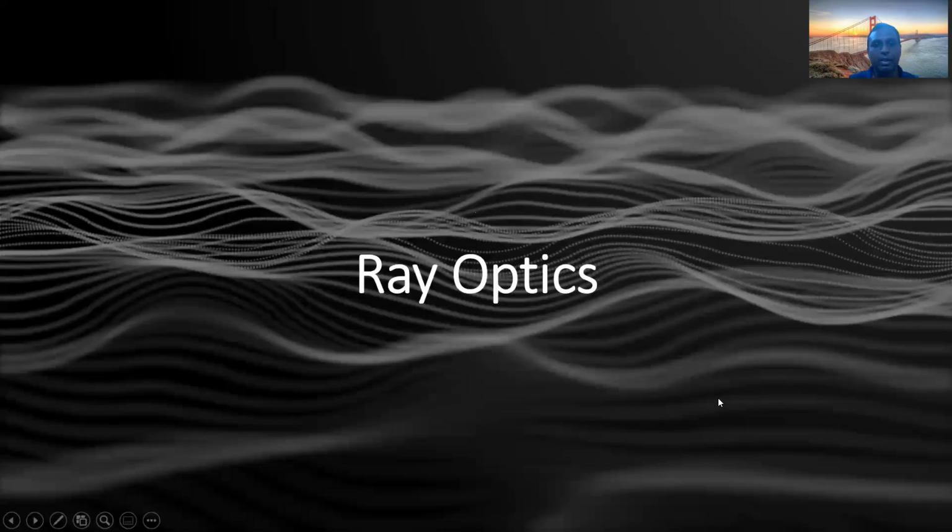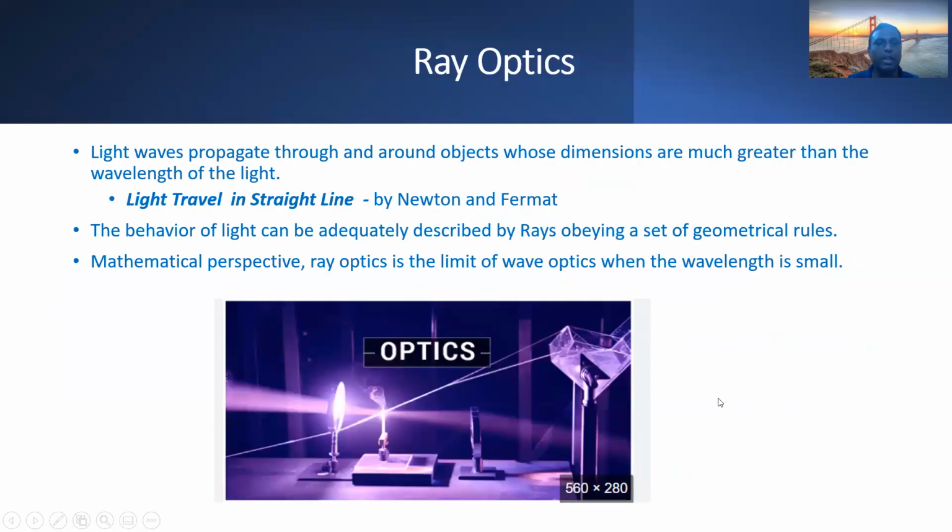Let's start with ray optics. In ray optics, the light wave propagates through and around objects whose dimensions are much greater than the wavelength of the light. And as defined by Newton and Fermat, light travels in a straight line. The behavior of light can be adequately described by rays obeying a set of geometrical rules.